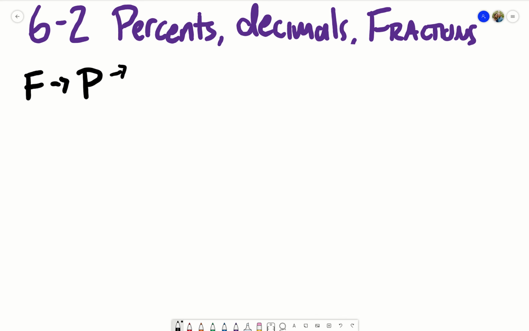Way 1, make the fraction out of 100. Oops, not 100%, just out of 100. Make the fraction out of 100.